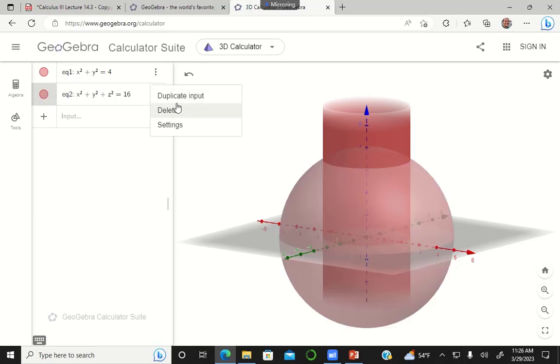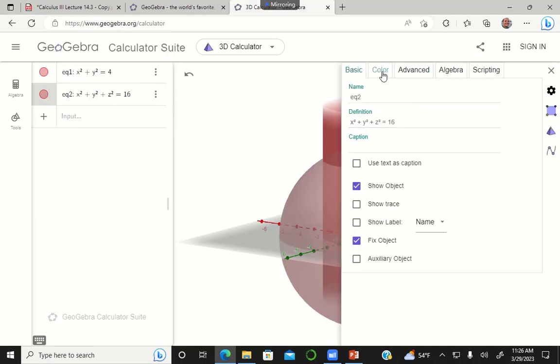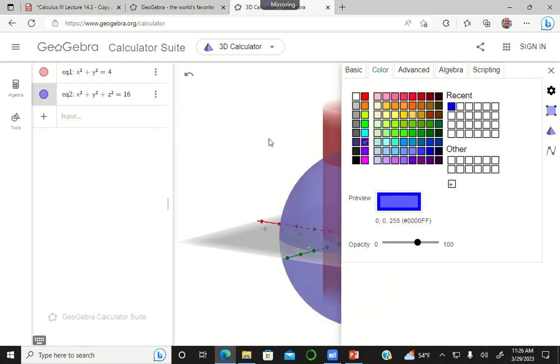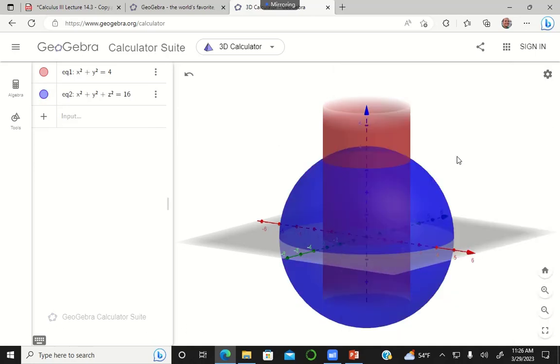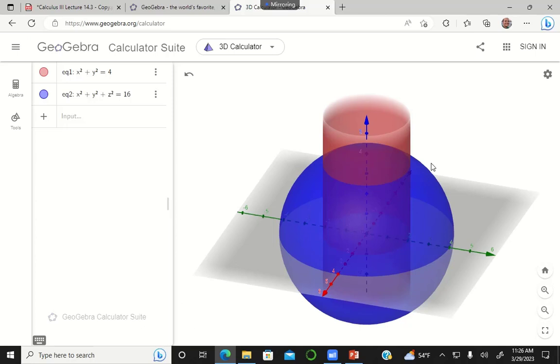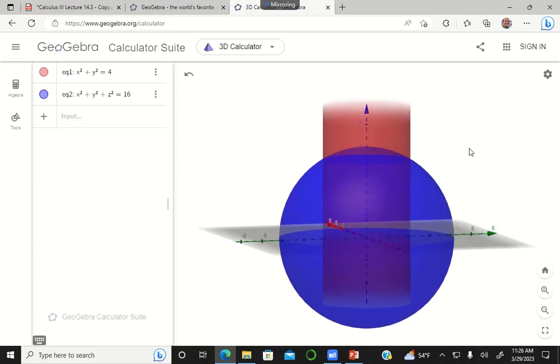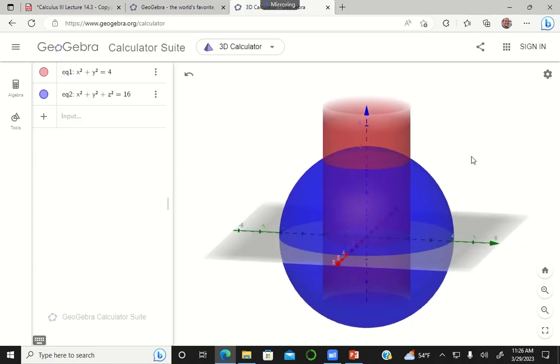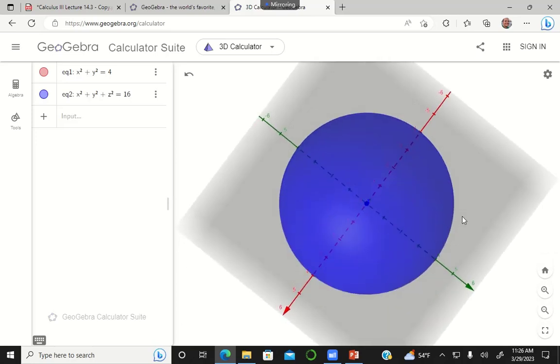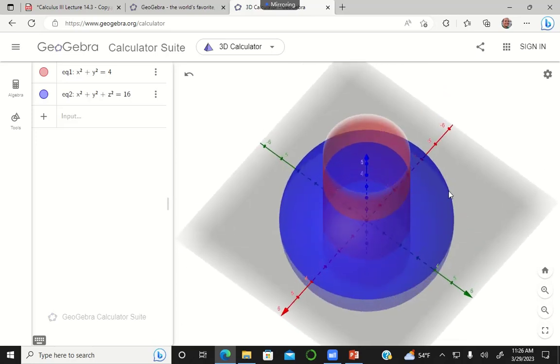Okay, so inside the blue sphere and inside the red cylinder is going to give me the shape that's mostly cylindrical, but it's also going to be kind of rounded on the top and the bottom, right? It does have radial symmetry, right? So we were talking about how polar coordinates would only really be useful if the volume of the solid you're talking about has radial symmetry around the origin.